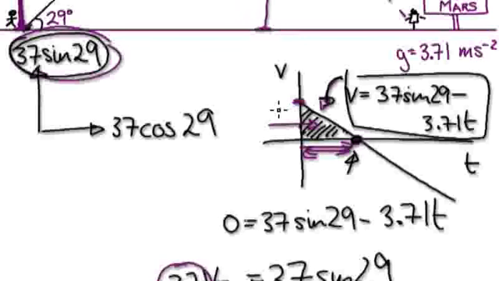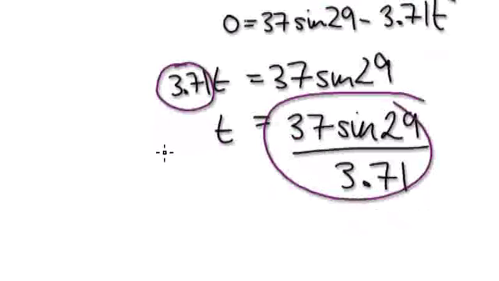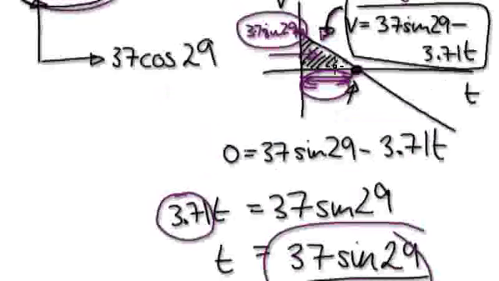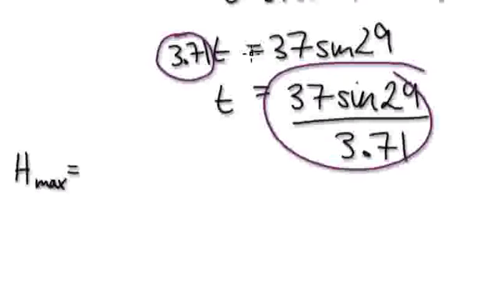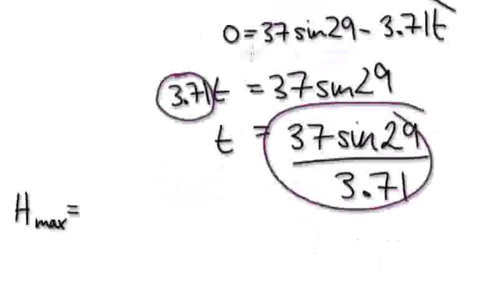This point here will be the initial vertical velocity, 37 sine 29. So you've got to get this times the time. So the maximum height will be the initial vertical velocity, 37 sine 29, times the time.